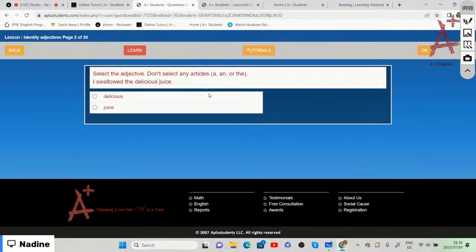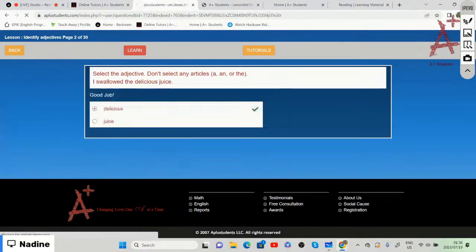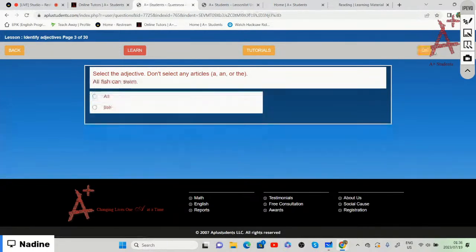It tells us what kind. So if we select the adjective within the sentence, we can say delicious, which tells us what kind of juice. Delicious juice.